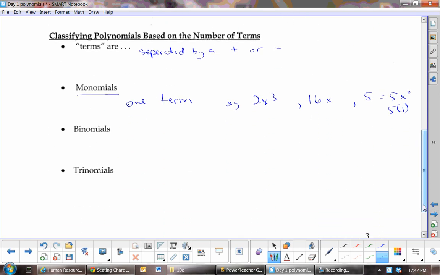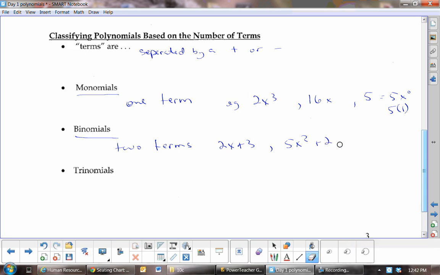A binomial would be like a sentence with two words or two terms. So an example would be like 2x plus 3 or 5x squared plus 2x. Right? Just two terms. Doesn't matter how long the term is.